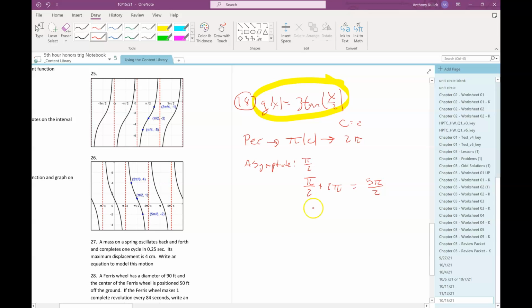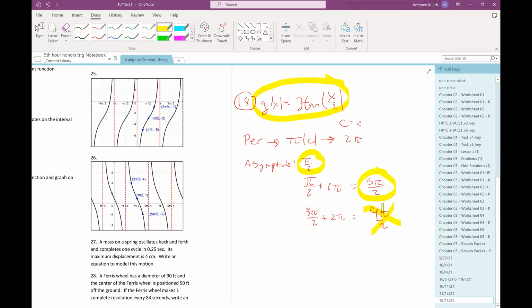And then my next one would be at 5 pi over 2 plus 2 pi, which would be at 9 pi over 2, which is too far, right? That's 4.5 pi. Does that make sense? So my only asymptotes are going to be here and here, since the problem asks for the asymptotes between 0 and 4 pi. Does that feel okay? Yeah.